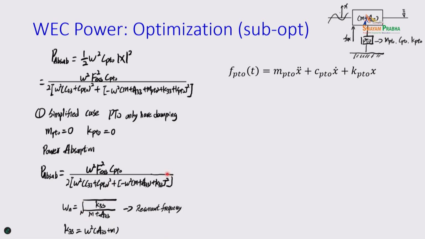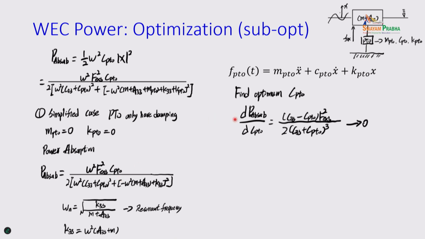Now, can you guys tell me how to choose the best damping given the expression here? You can do it this way: take dP over dC PTO and set it to 0, then you maximize the power, right?